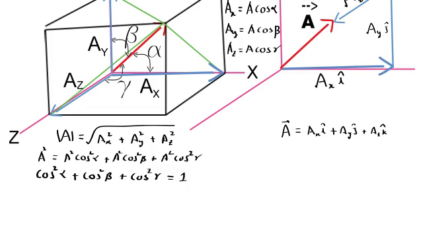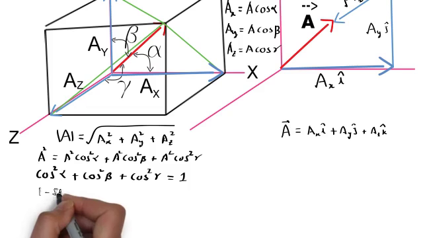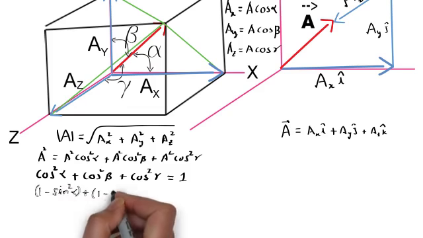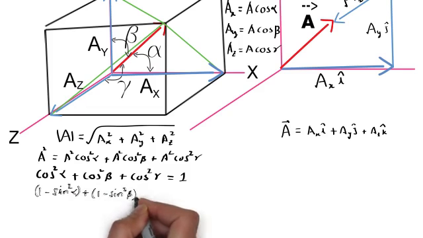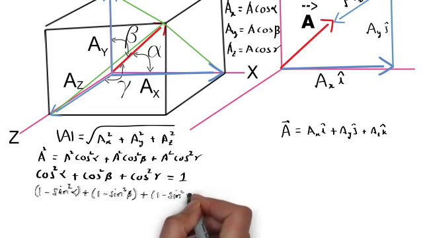I can rewrite this equation by using the fact that cos square alpha is equal to 1 minus sin square alpha, and therefore cos square alpha plus cos square beta plus cos square gamma equal to 1 can be rewritten as 1 minus sin square alpha plus 1 minus sin square beta plus 1 minus sin square gamma equal to 1.